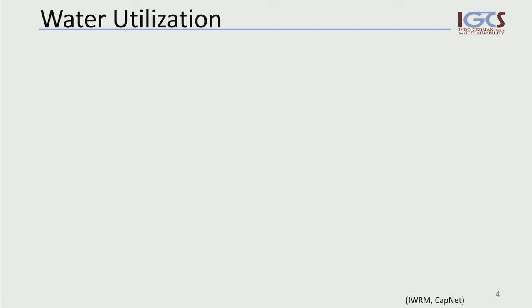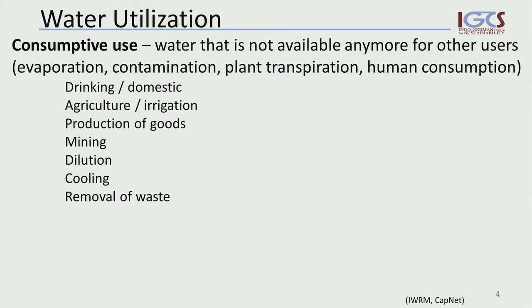Let's reflect upon water utilization, and we can differentiate water utilization into two categories. First being consumptive use. What we mean by consumptive use is that water that has been used will not be available anymore for other users. That consumptive use could be evaporation, contamination, plant transpiration, or human consumption.